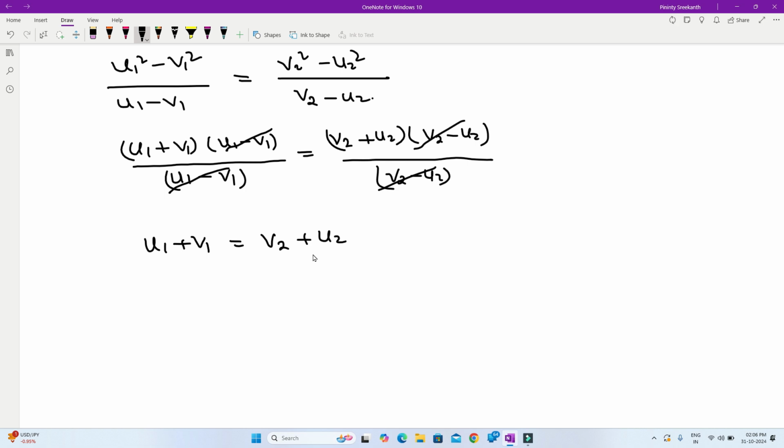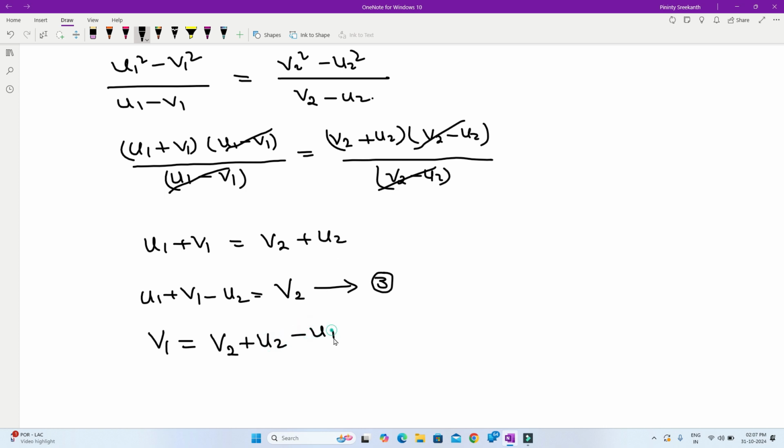Now from this expression write v2 is equal to u1 + v1 minus u2. This is equation number 3. Then another one is v1. So from this equation, v1 is equal to v2 + u2 − u1.